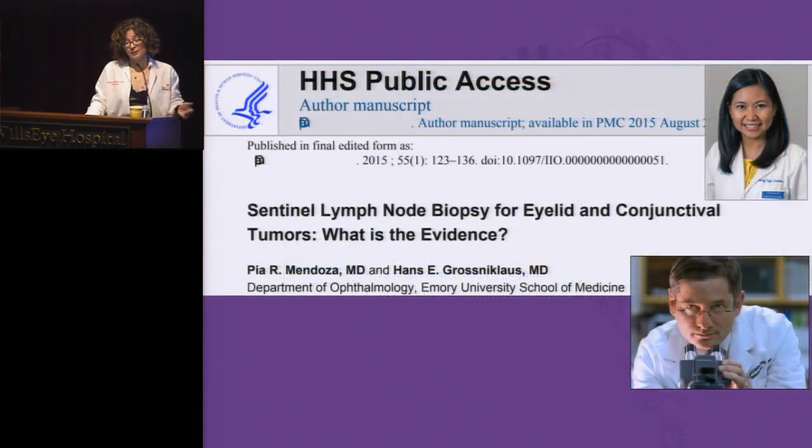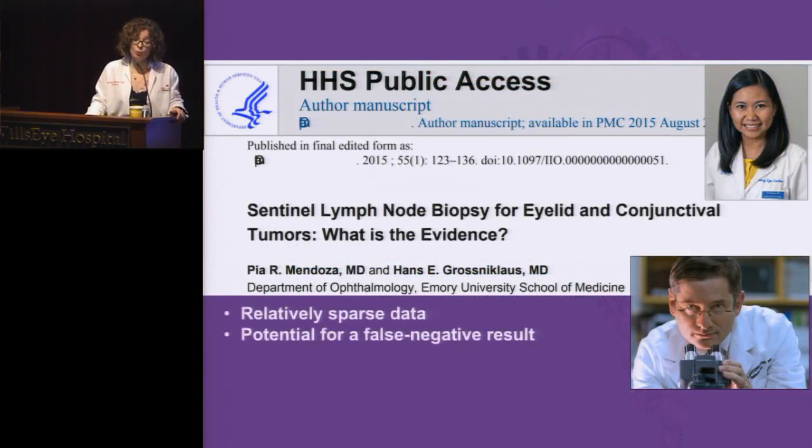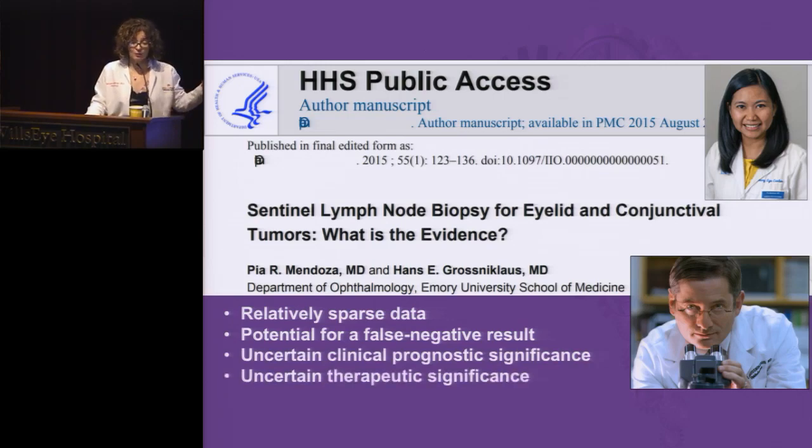But there was a relatively recent study from Emory by Hans Chris Nicholas that really questioned the role of sentinel lymph node biopsy for ophthalmic cancer at present, just because of these potential difficulties. Okay, so here I think our protocol is that it is offered, but it is not greatly advocated. So the patient decides whether to have it or not. We don't endorse it.